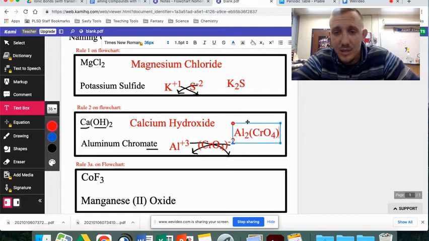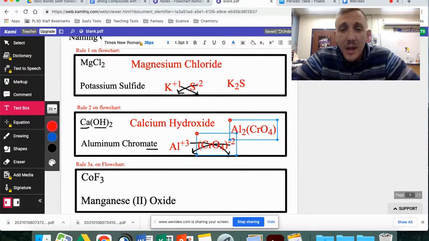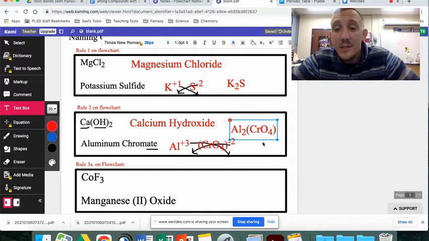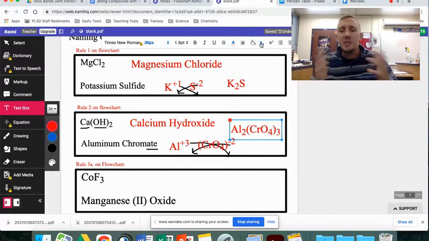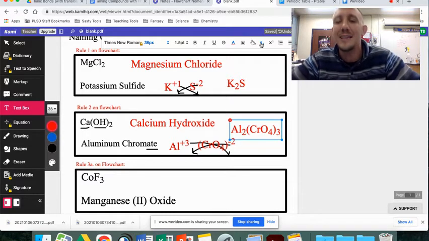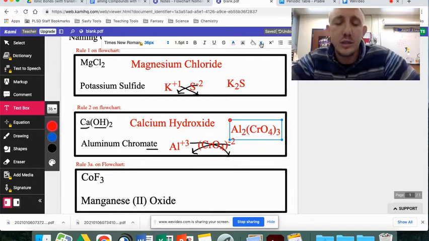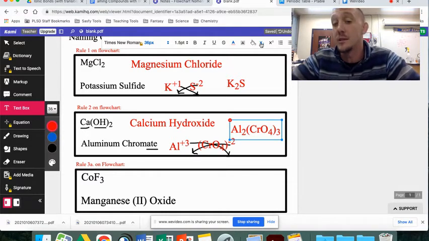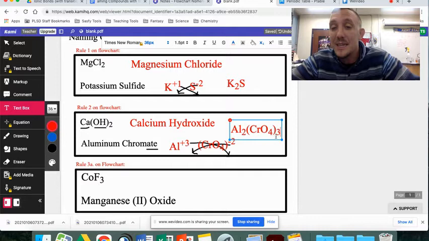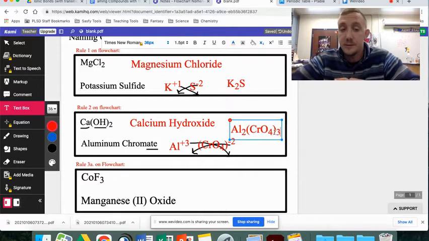Now, the 3 is going to go outside the parentheses. So anytime you see a polyatomic, just put it in parentheses. It'll help you navigate and make sure you aren't writing the wrong formulas. Some of you will give me CrO3 thinking that 3 changes to 4. It doesn't. So put your polyatomic in parentheses, and put the 3 outside the parentheses.